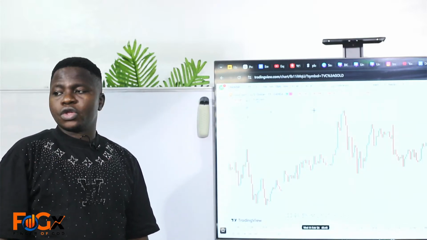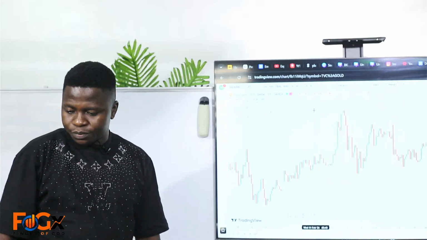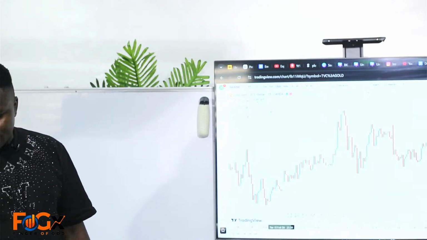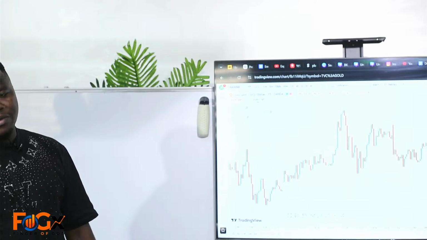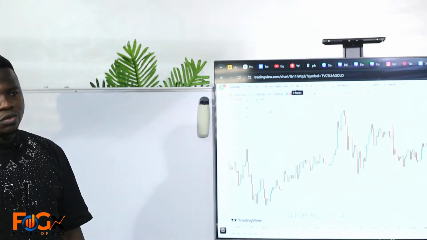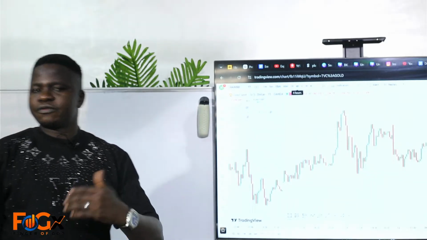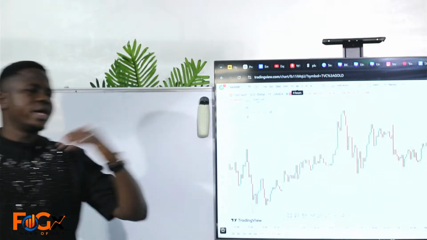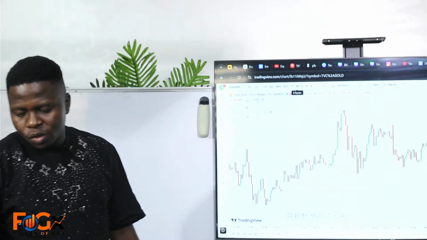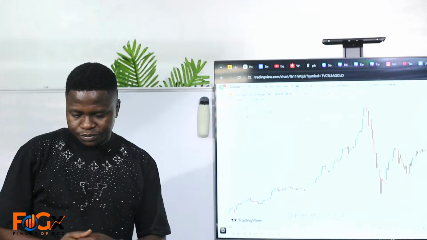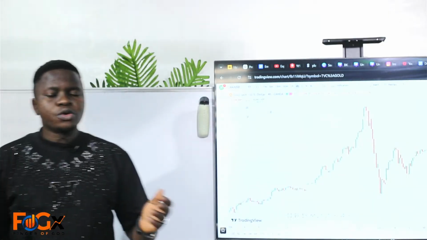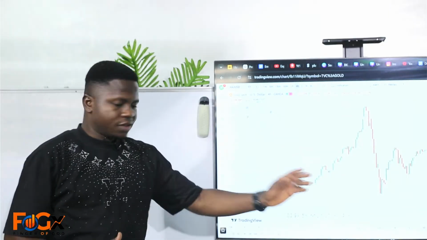So when you get to TradingView, you go to your anchor time frame. You can decide to check from 4 hours, 1 hour, 30 minutes. So now we are looking at gold. When you open your chart, this is the way you should see it.